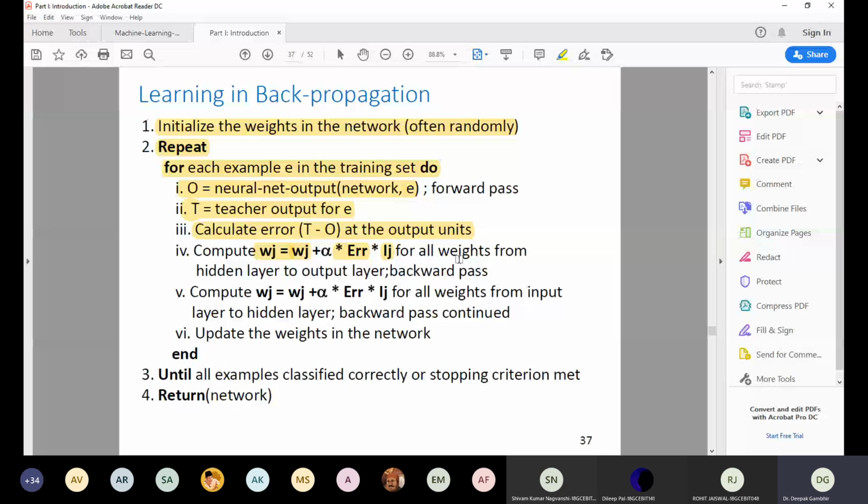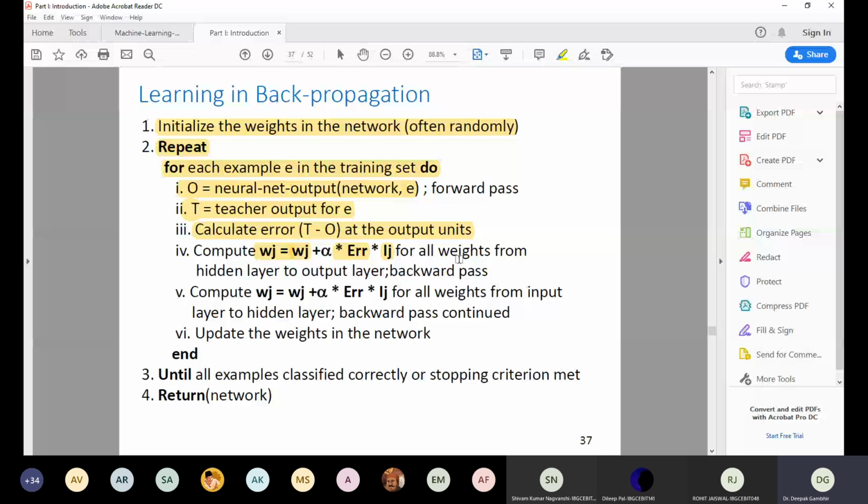Then we do the same from the input layer to the hidden layer, again a backward pass. In this way we will update the network.